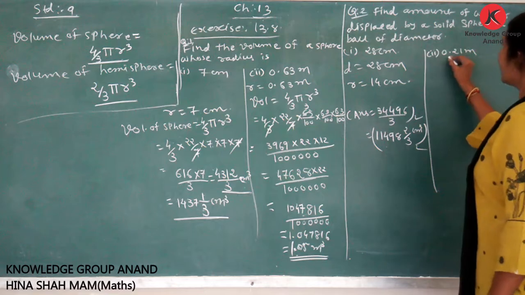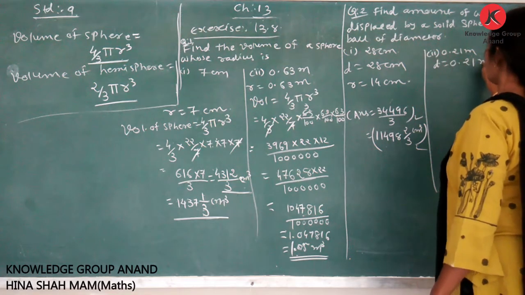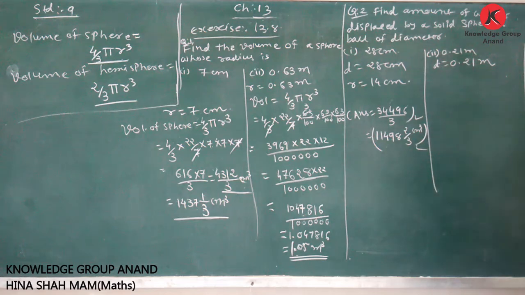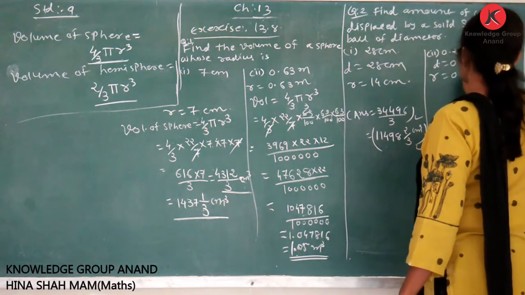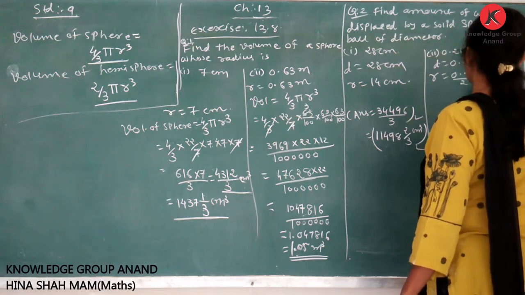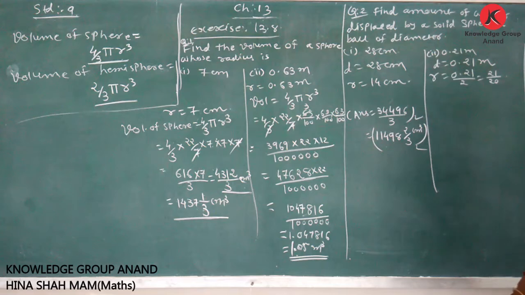Now, diameter is equal to 0.21 meter. Diameter is equal to 0.21 meter. Therefore, radius is equal to 0.21 divided by 2.